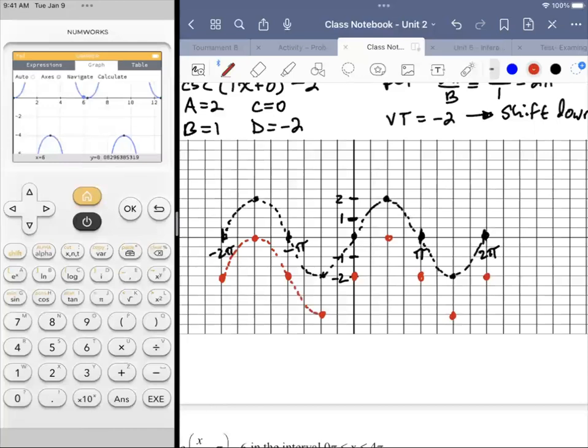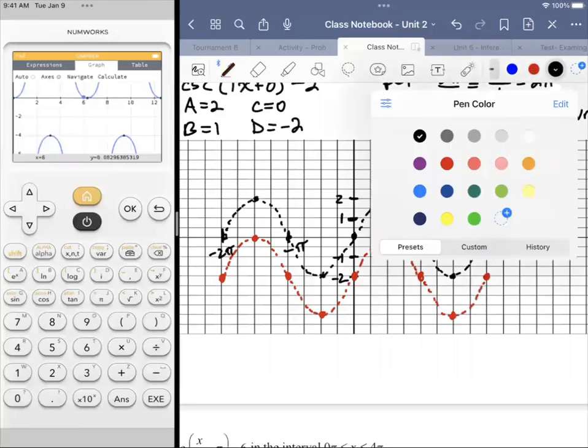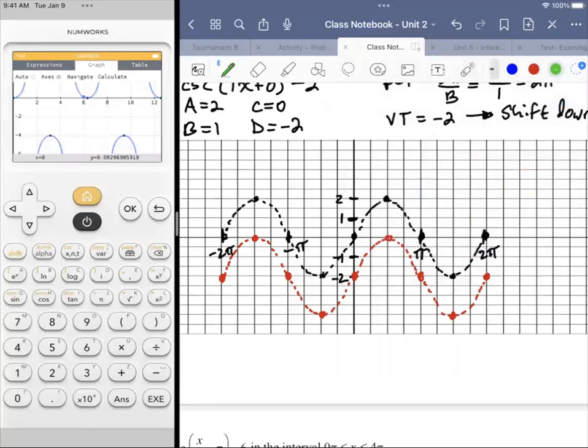But again, we want a cosecant graph, not a sine graph. So what I need to do is create vertical asymptotes everywhere I have an x-intercept in my unshifted graph.